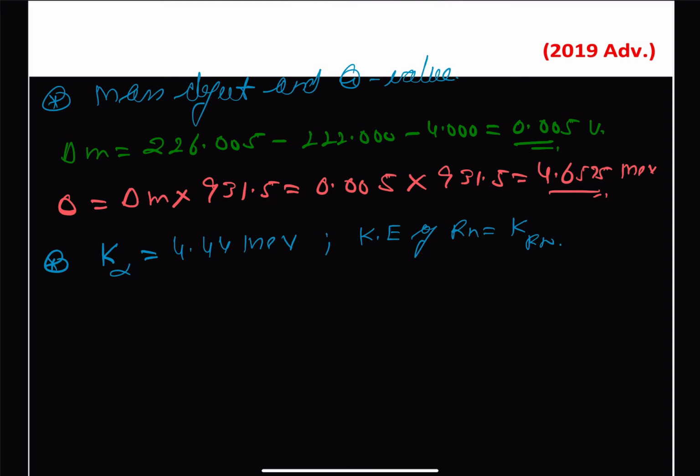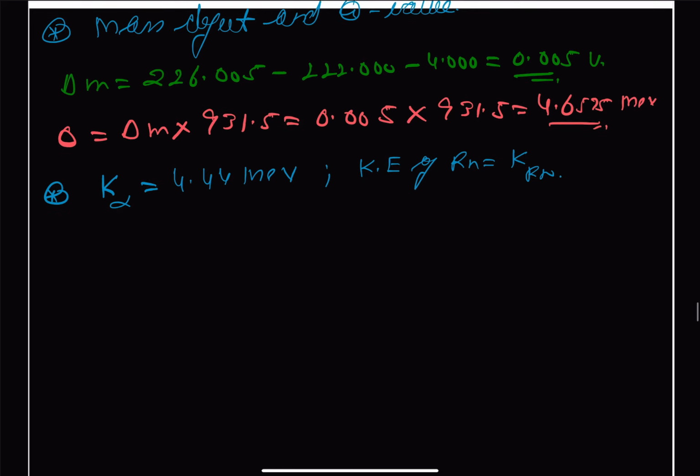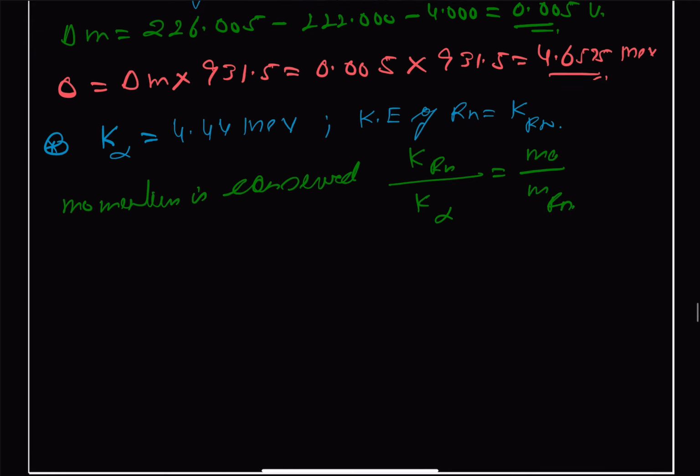We know that momentum is conserved, and therefore we can directly write the kinetic energy of Rn will be equal to mass of alpha upon mass of Rn multiplied by energy associated with alpha particle.